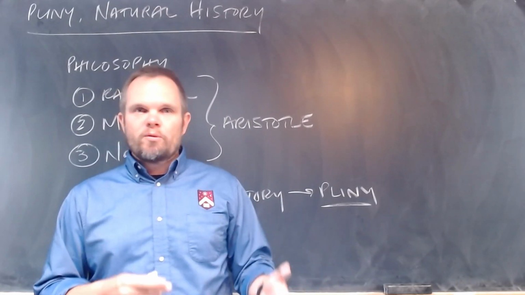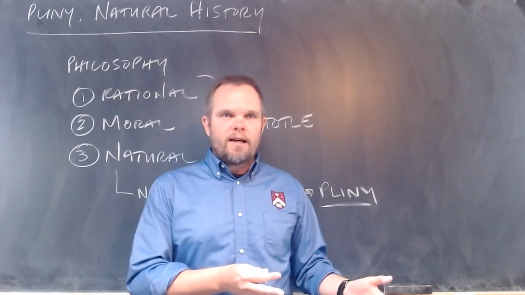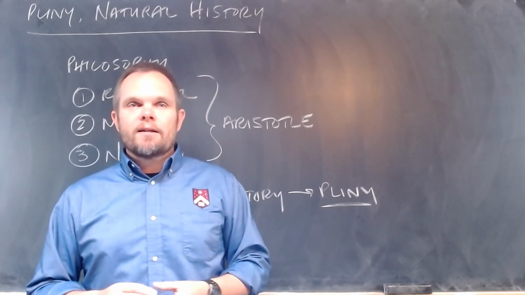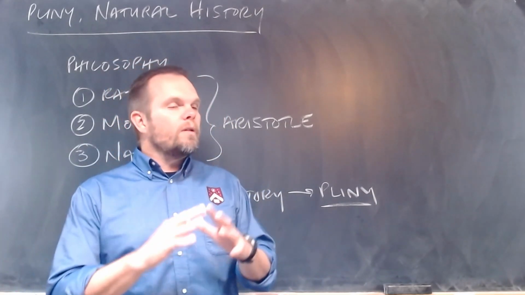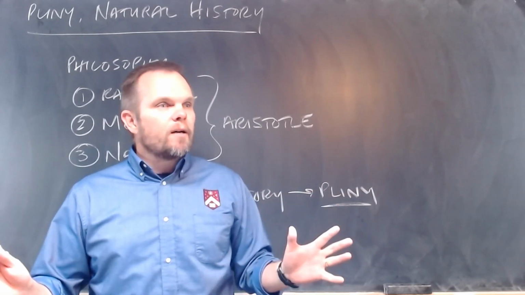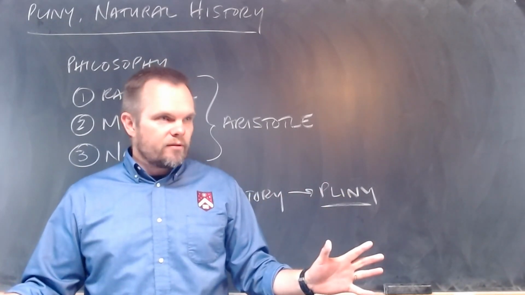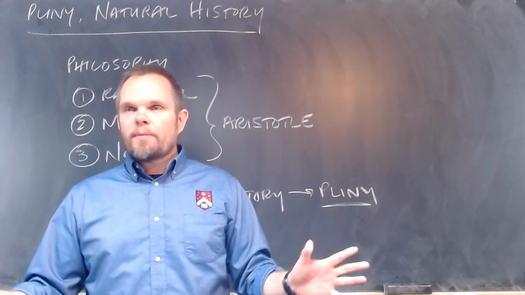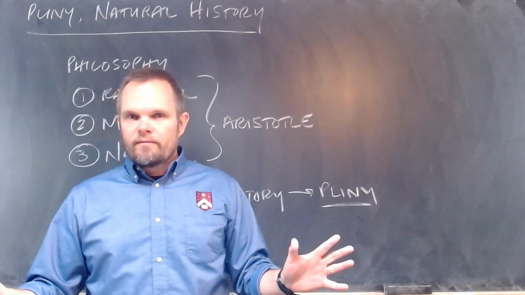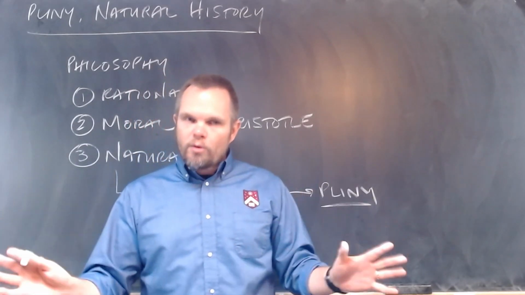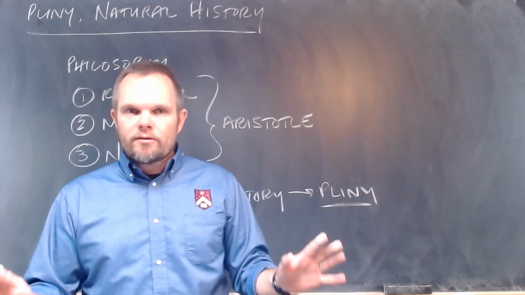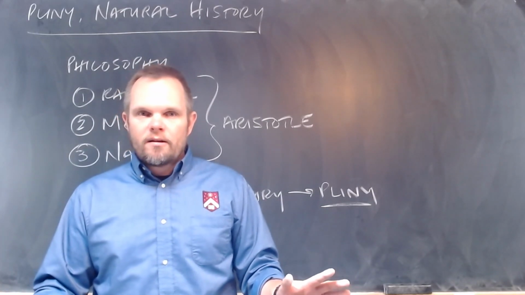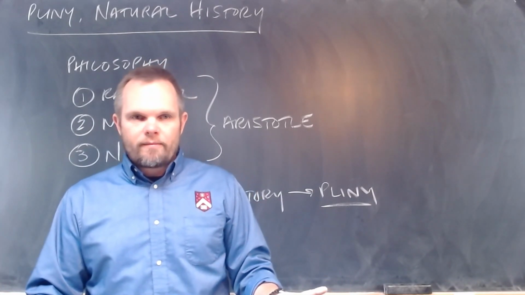What's the difference between modern science and natural philosophy? The answer is that in modern science, we're only supposed to talk about what we can observe, right? It's only about material things, only about what we can observe. That's supposed to be how modern science works.